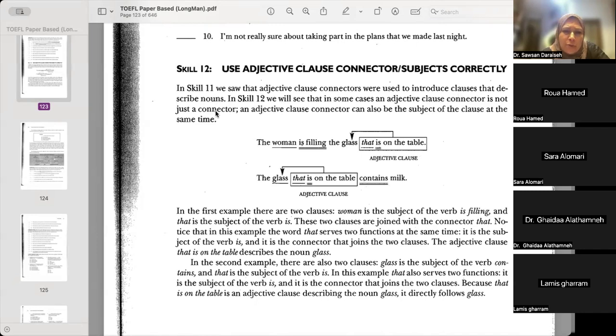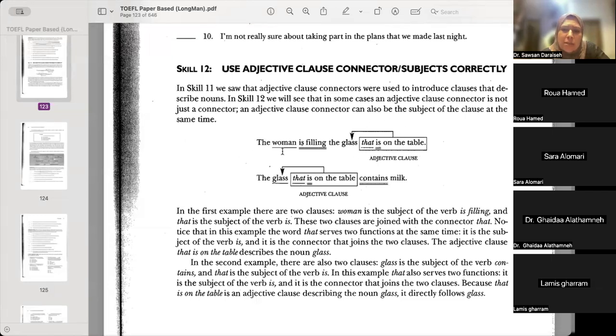In skill 12, we will see that in some cases an adjective clause, as you can see, because it's describing the glass, is not just a connector. An adjective clause connector can also be the subject of the clause at the same time. Okay, so it does two in one.